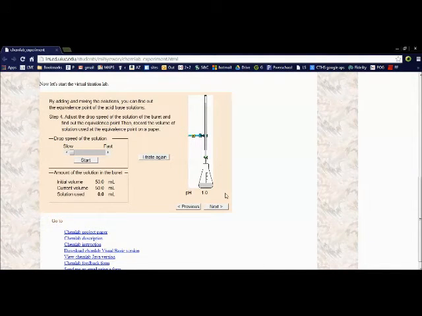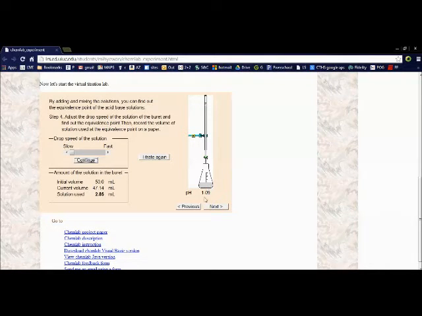So initially the pH is 1, so we add a bit of the NaOH. The NaOH is coming out of the burette. It's going in there. Here's my amount of NaOH that I'm adding. Notice how slowly my pH is creeping upwards. But think about this. Remember, we started off with 0.1 molar HCl in the flask.